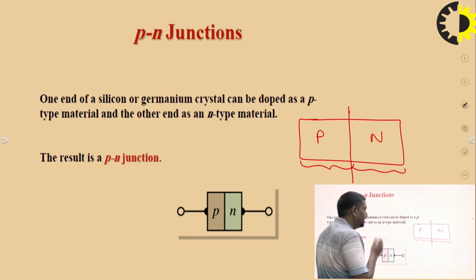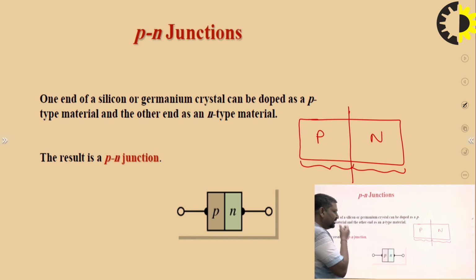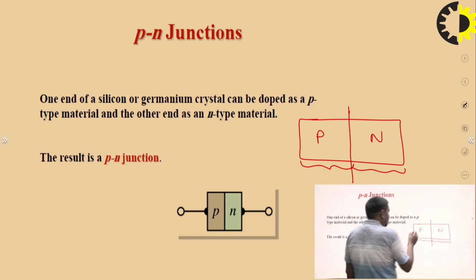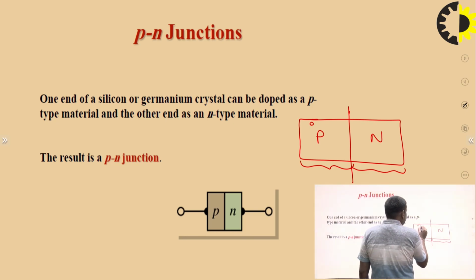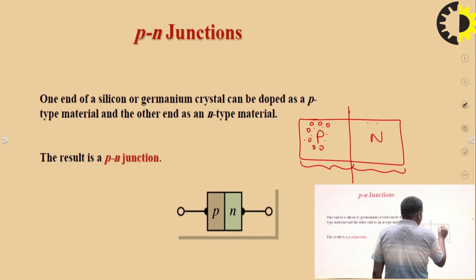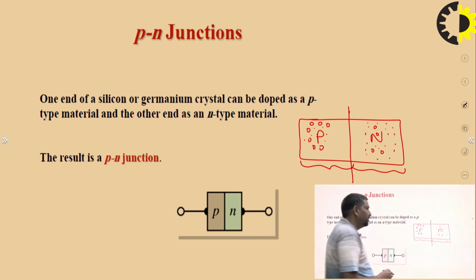Such a device is called the PN junction diode. In the P-type material, holes are the majority carriers and electrons are the minority carriers. But in the N-type material, electrons are majority carriers and holes are minority carriers. What is the meaning of minority and majority carriers?